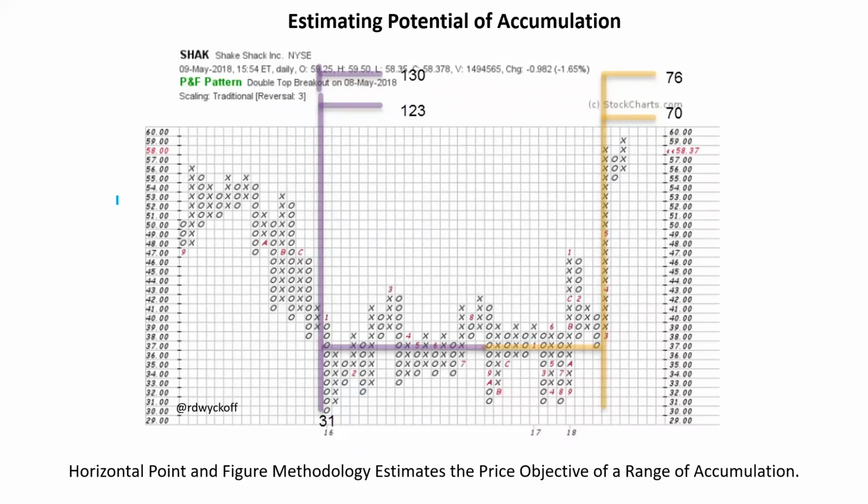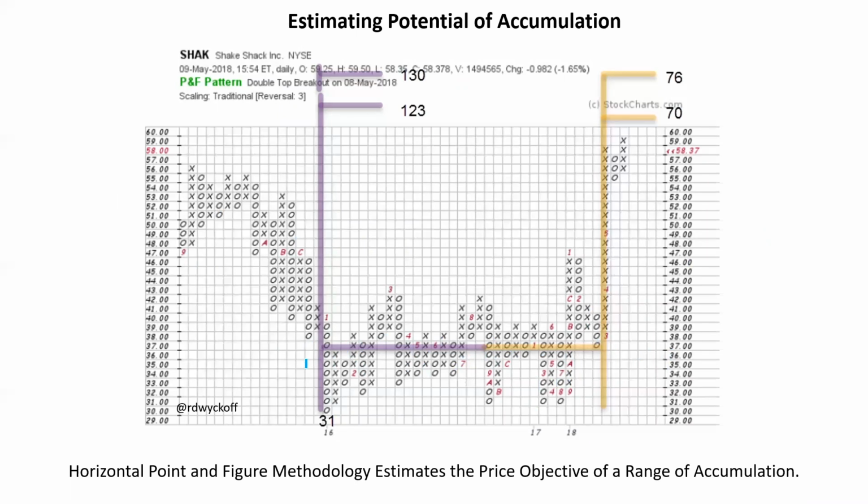So here you can see a horizontal point and figure count. There are two segments or periods that are counted in this base we just looked at in SHAK from 2018 going back to 2016, a substantially large accumulation structure. We could potentially call this a campaign.